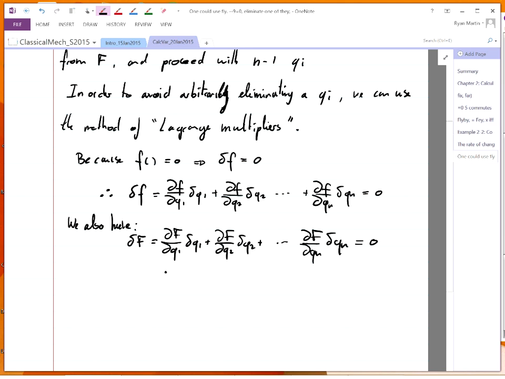You cannot vary the delta q's independently. Alright. So, di F by di qi is not equal to 0 because the delta qi are not independent from each other.